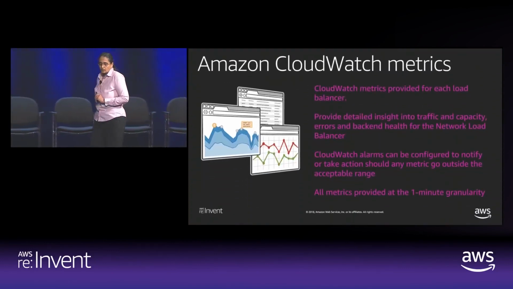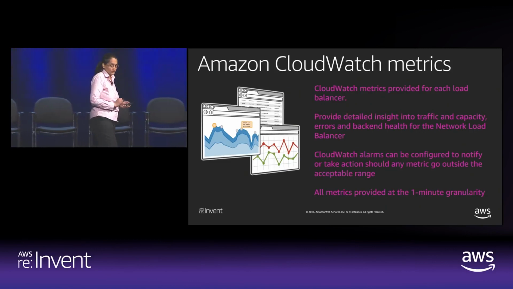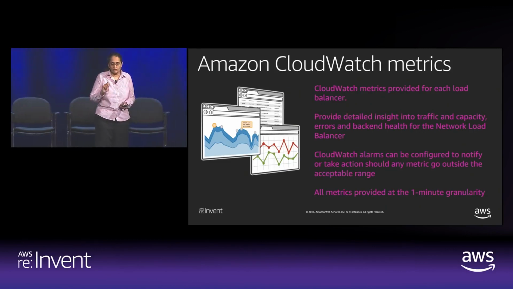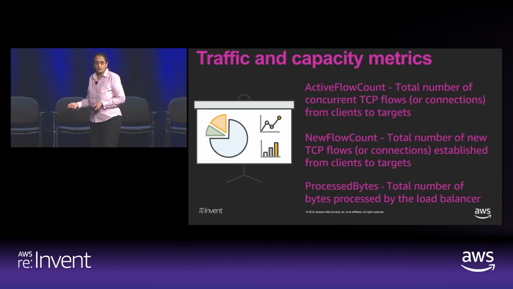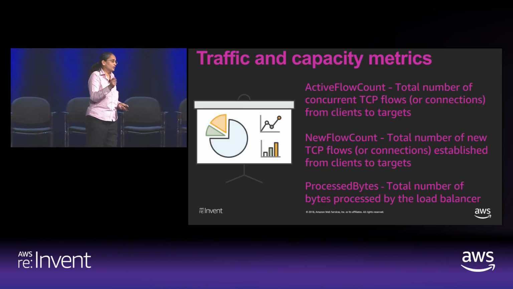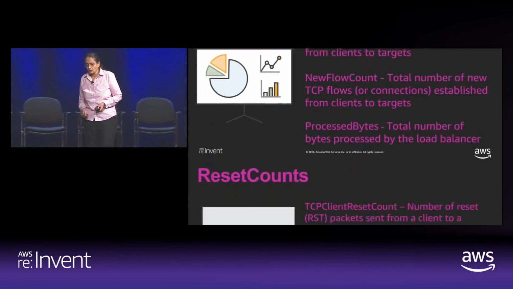Going deeper into the metrics, similar to application load balancer, network load balancer pushes a whole lot of metrics. I want to highlight the metrics that are new on the network load balancer. You want to look at the active flow count, the new flow count, and the processed bytes. The processed bytes include both the request and response, and one point I want to highlight here, it includes the headers also.